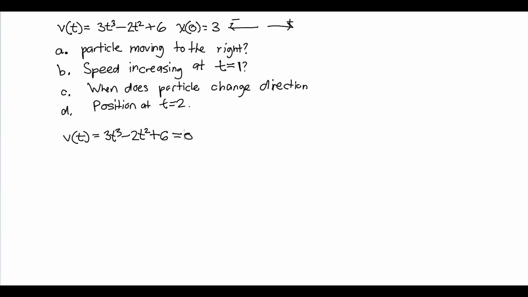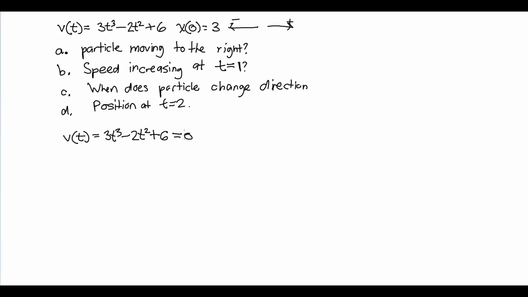Because if we find critical numbers, you can easily divide the interval into regions of increasing and decreasing. So let's solve this. 3t cubed minus 2t squared plus 6 equals 0, solve that for t.